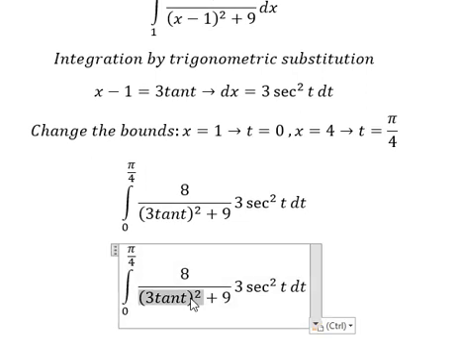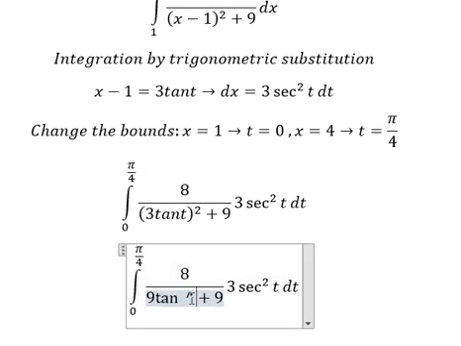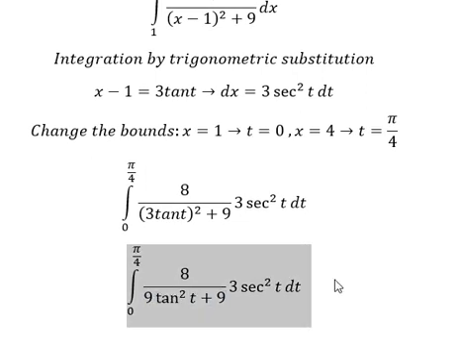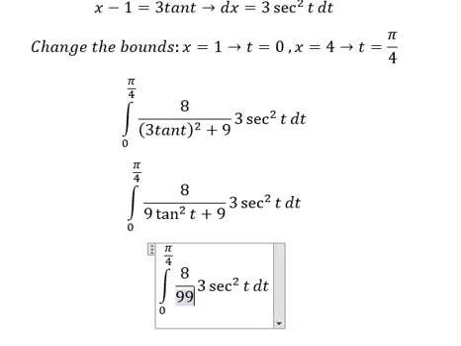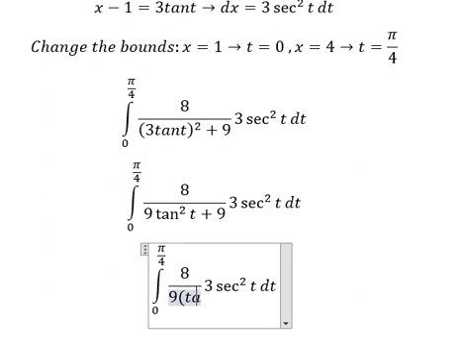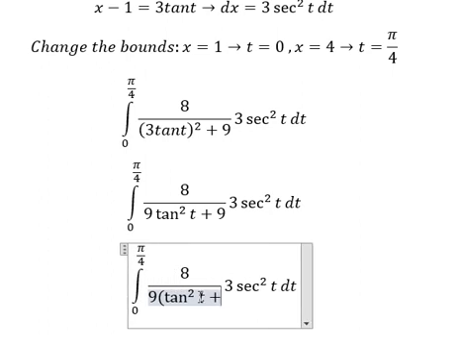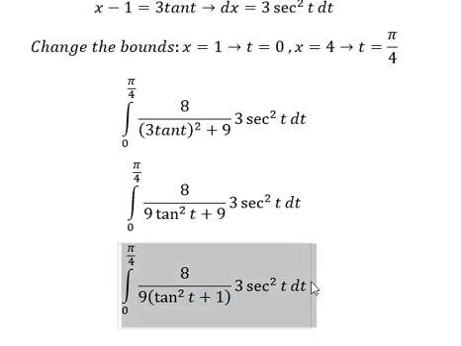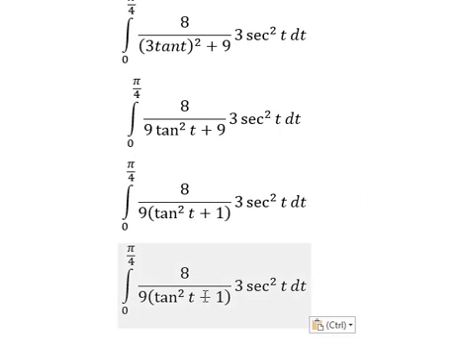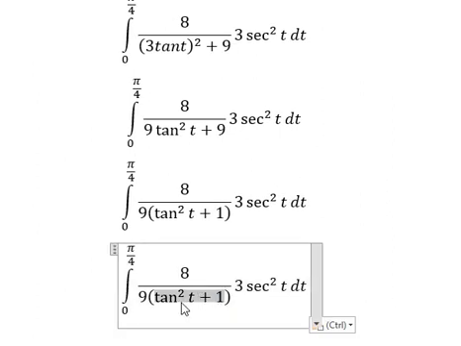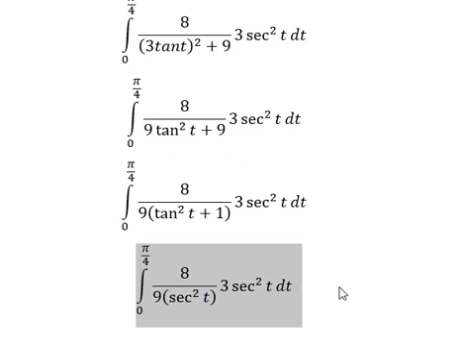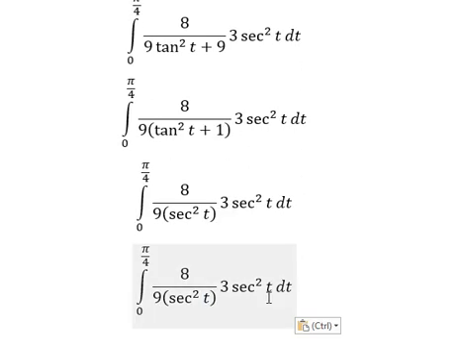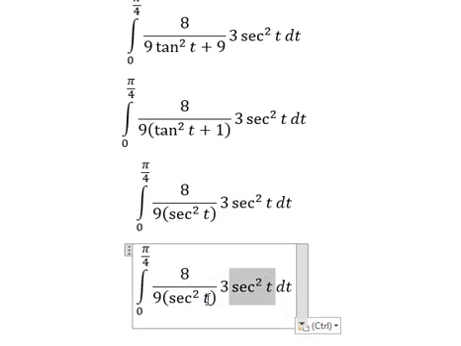So this one we have 9 tan t squared. Number 9, we can do factorization, and we have it like this. This one we change to secant of t squared, and now we need to simplify secant of t squared.